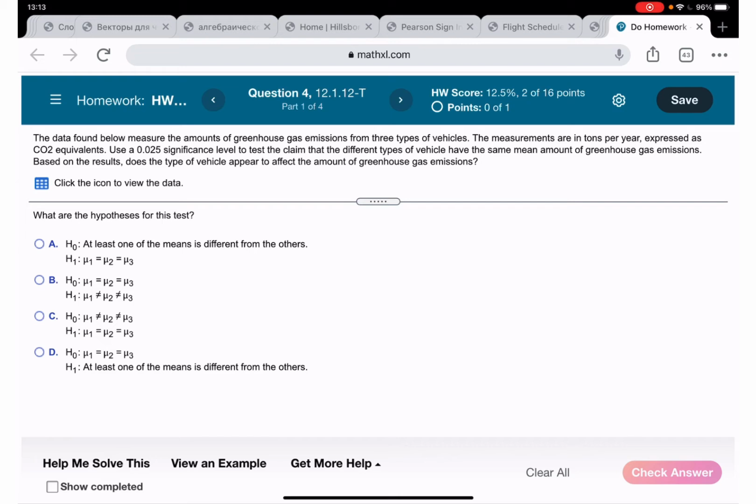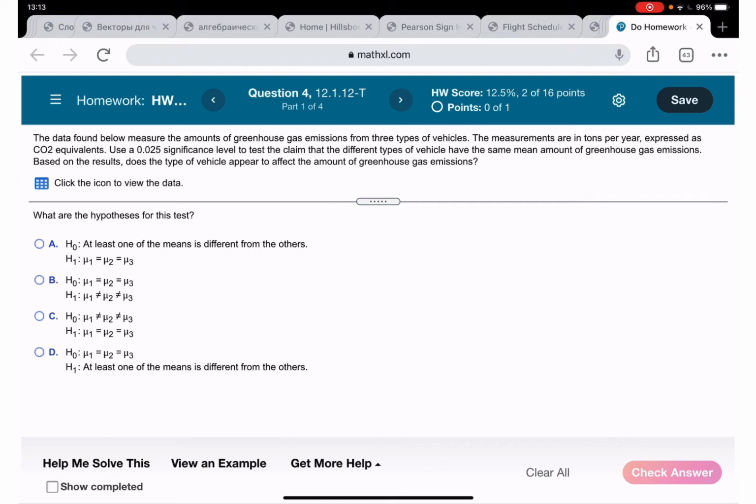Use 0.025 significance level to test the claim, this is our claim, pay attention, that the different types of vehicle have the same mean amount of greenhouse gas emission. Based on the result, does the type of vehicle affect the amount of greenhouse gas emission?